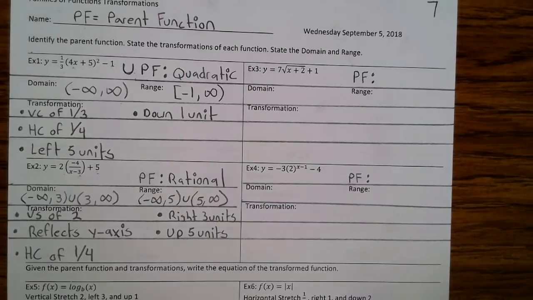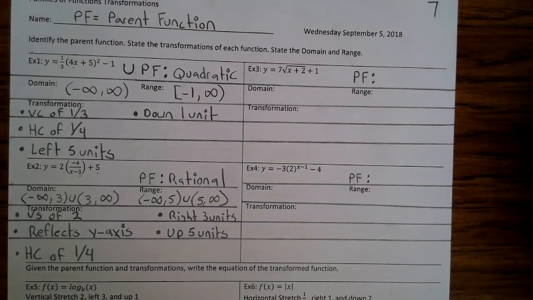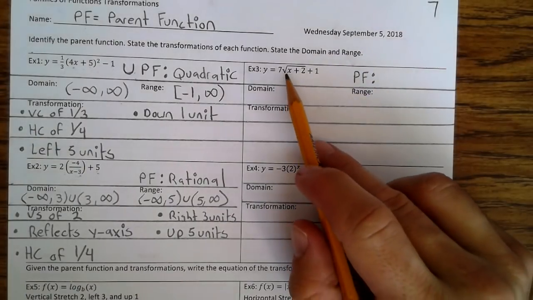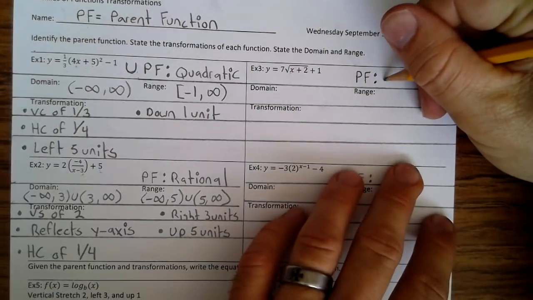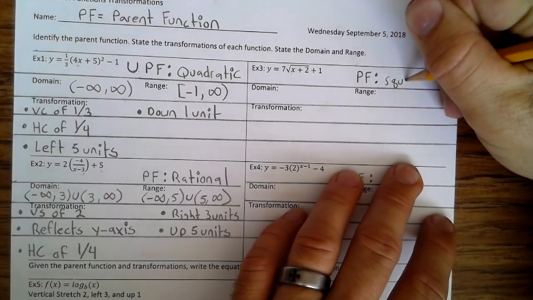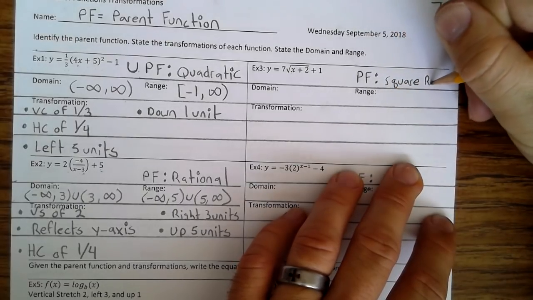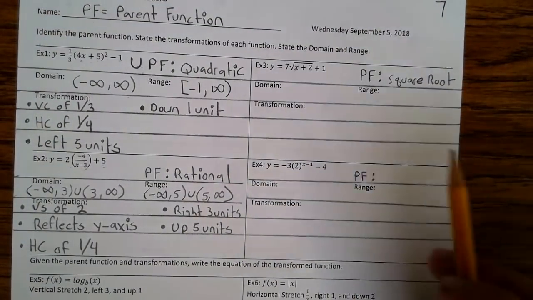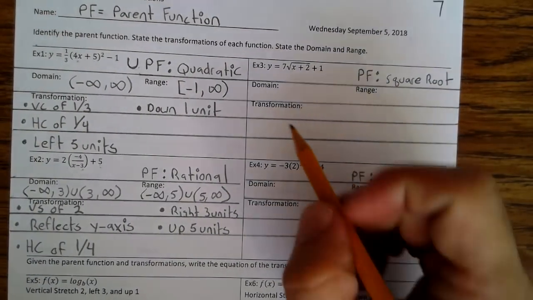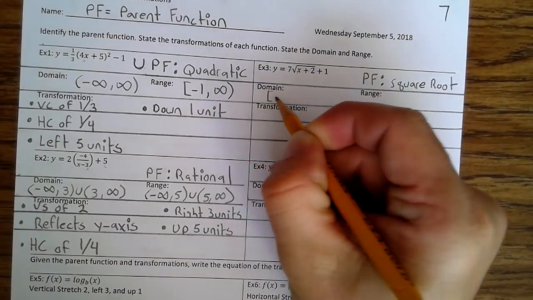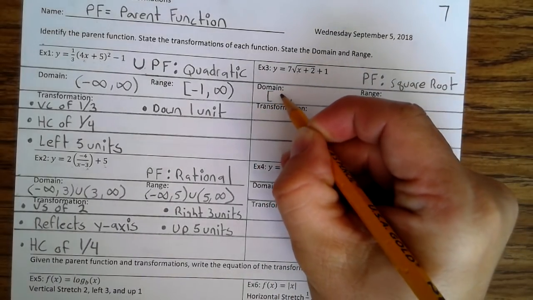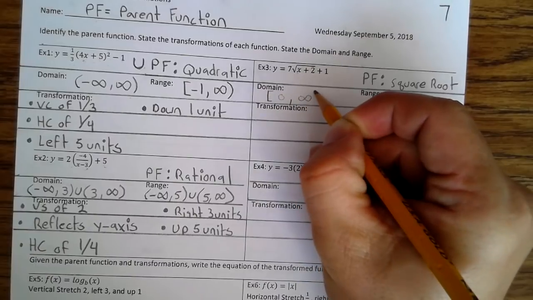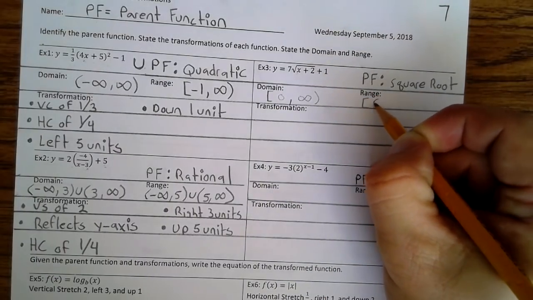All right, and let's look at example 3. All right, so we see the square root, so that's your parent function. Now domain, remember the parent was bracket 0 to infinity and bracket 0 to infinity.